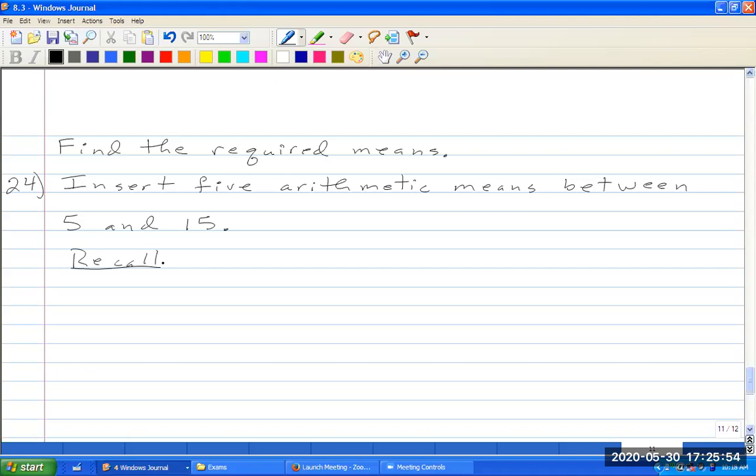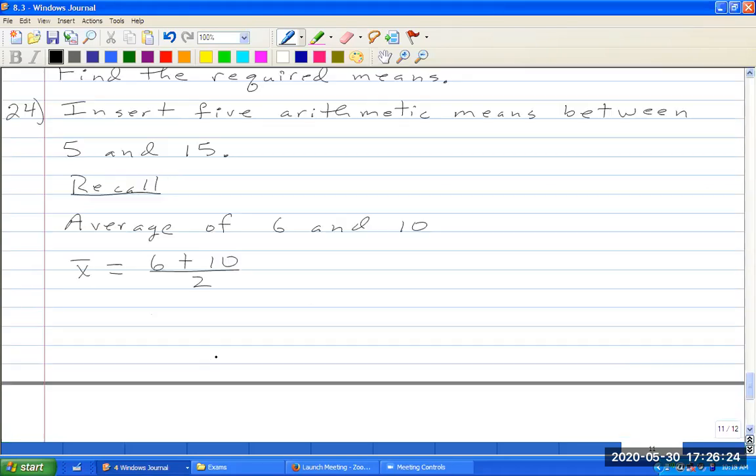If I asked you to find the average of 6 and 10, you would say, well, the average is 6 plus 10 over 2, which is 8.